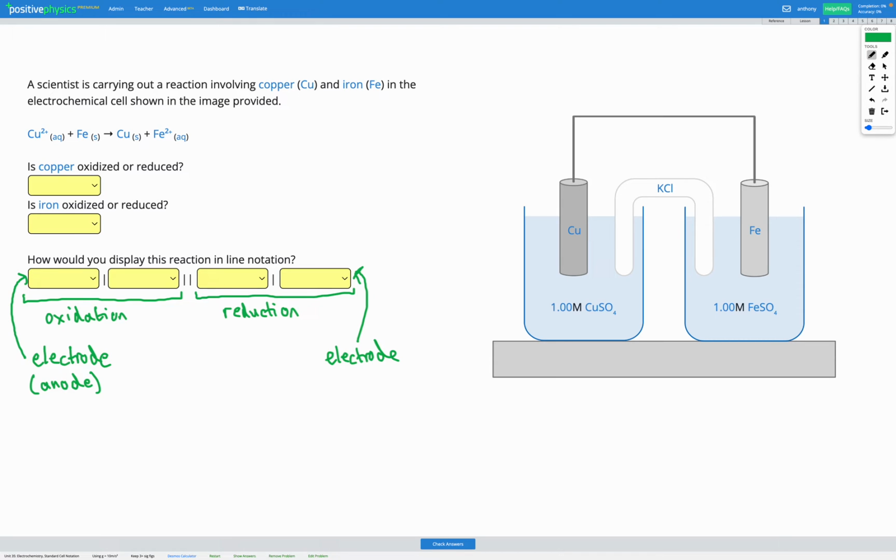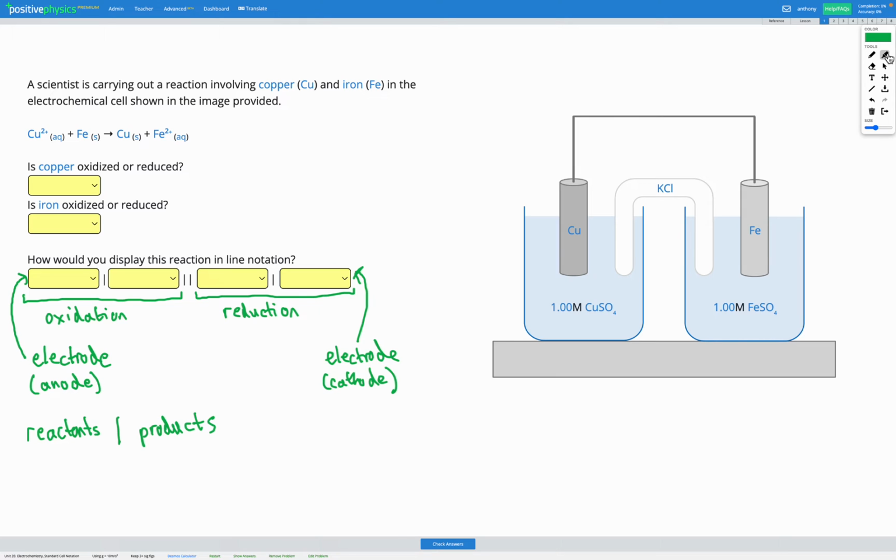And since the right part is the reduction reaction, this is going to be the cathode specifically. And then on each side, we're going to write our reaction with the reactants first, and then the products. So those are our general rules for writing in line notation.